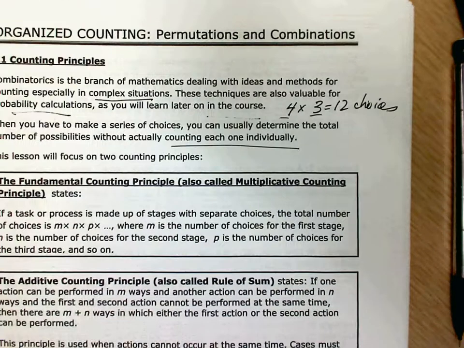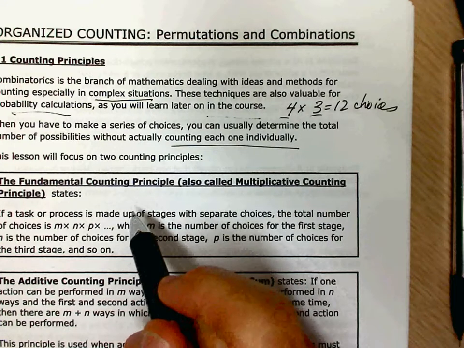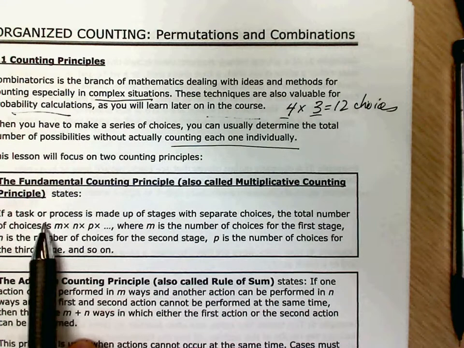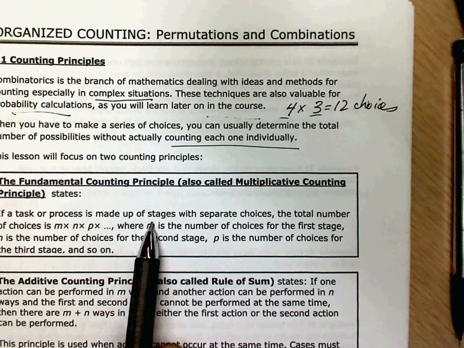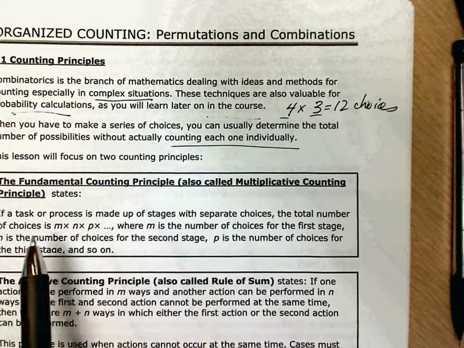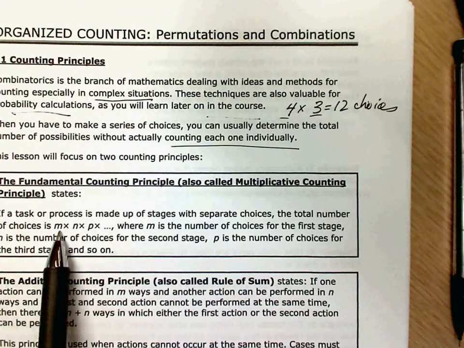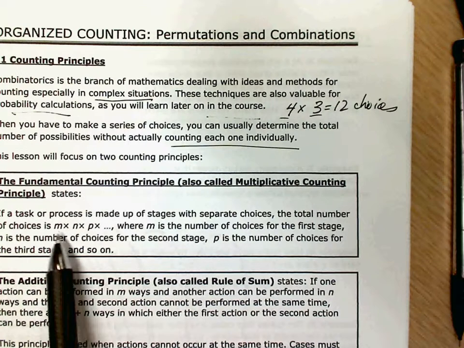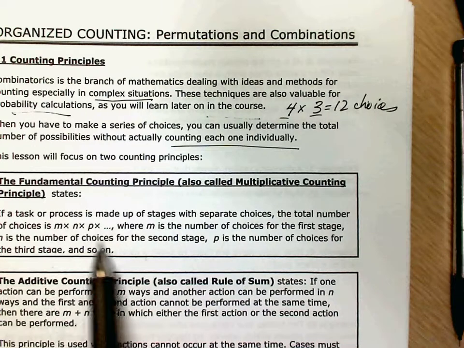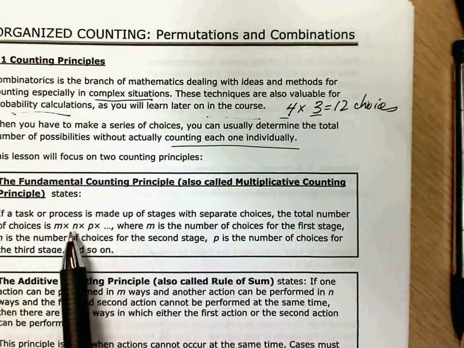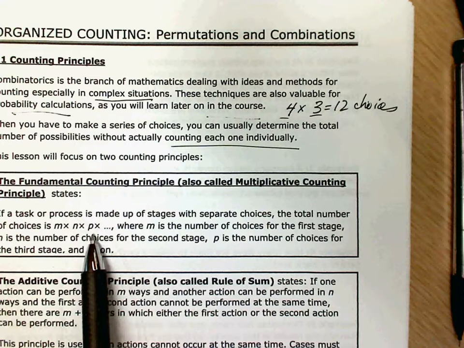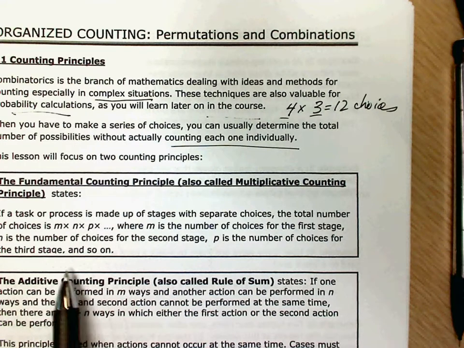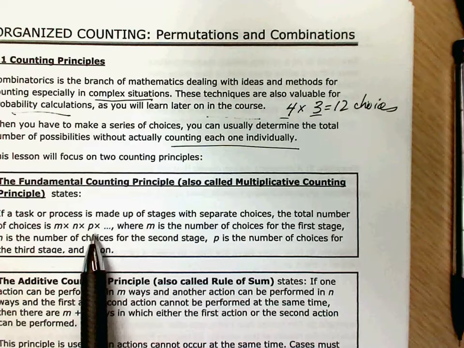This is the fundamental counting principle. If a task or process is made up of stages with separate choices, the total number of choices is m times n times p, where m is the number of choices for the first stage, that could be your pants, n is the number of choices for the second stage, that could be your tops, and p is the number of choices for the third stage, that could be your shoes, and so on.